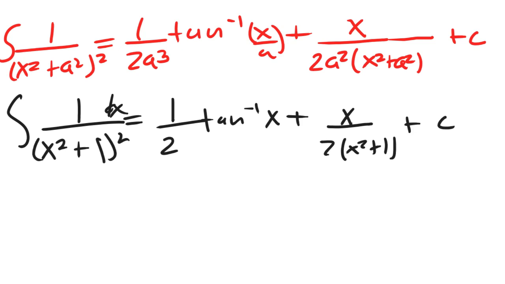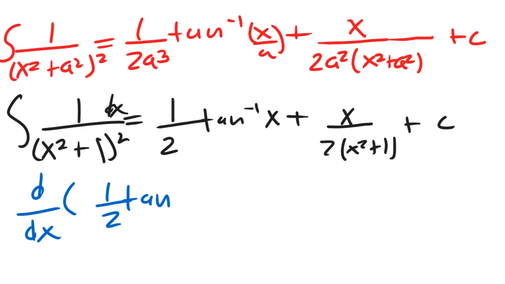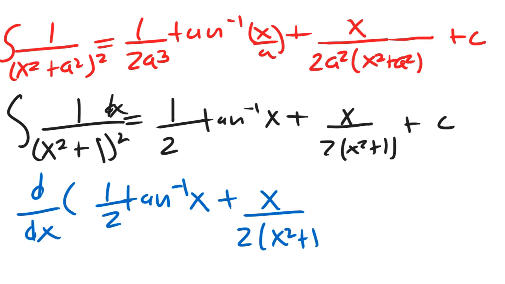Okay. Now, in either case, we can essentially check our work by differentiating, right? We can say that if I was to differentiate 1/2 arctangent inverse of x plus x over 2 times x squared plus 1 plus c, this should equal the integrand function.